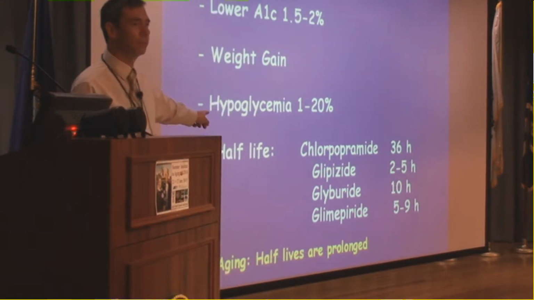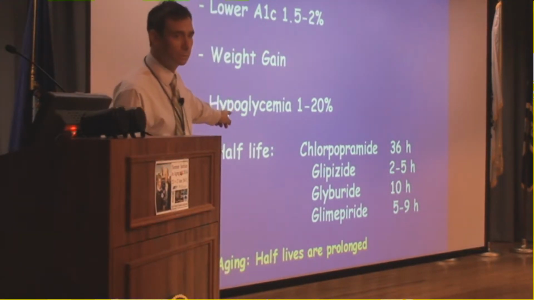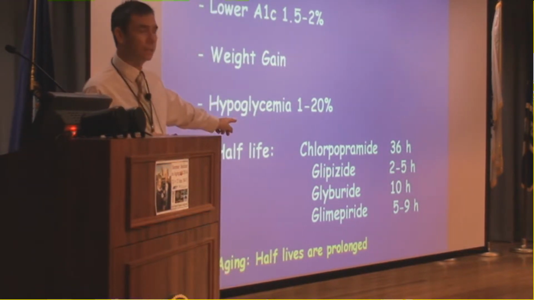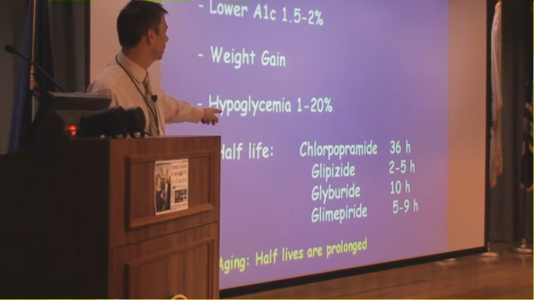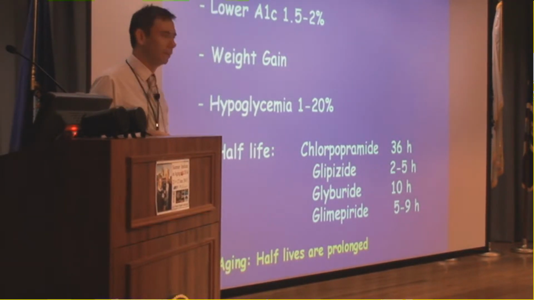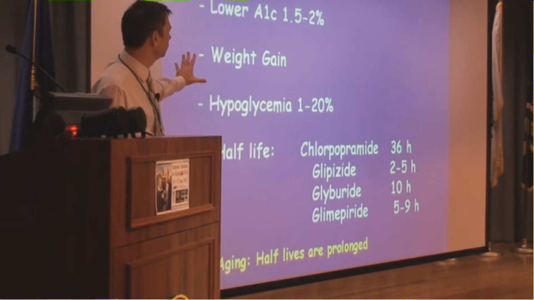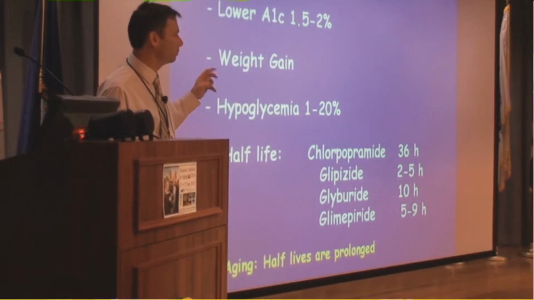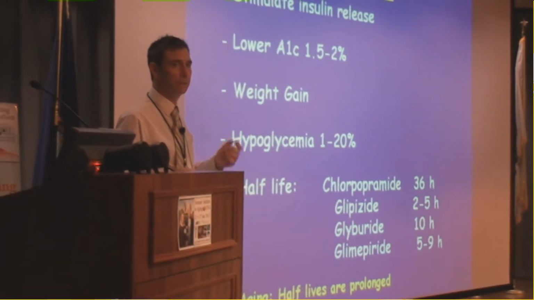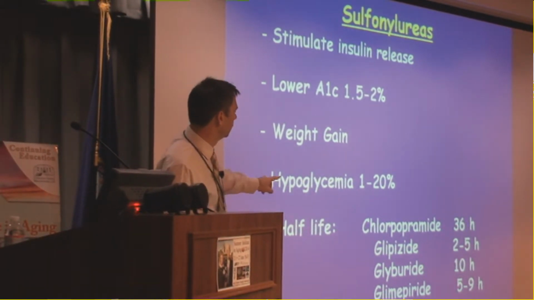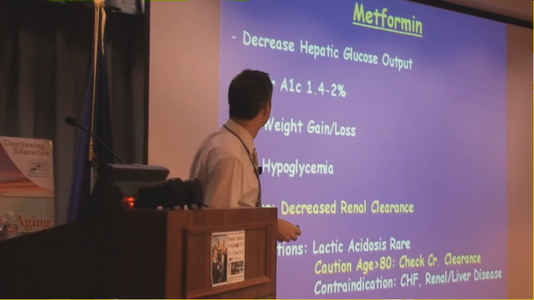So in older people, because they metabolize drugs more slowly, if you decide that you're going to use a sulfonylurea, the one that is recommended is glipizide because it has the shortest half-life. In general, sulfonylureas are used less and less because of the risk of hypoglycemia, but they are effective and they're still used a lot. So if you're going to use a sulfonylurea in an older person, use glipizide.